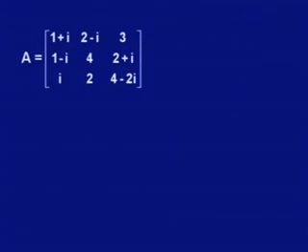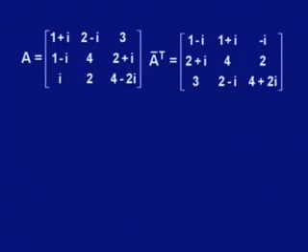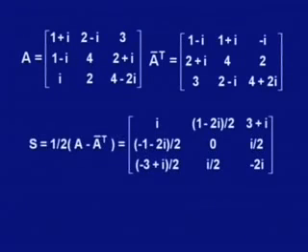So, with the given matrix, A bar transpose is computed as this. Then the matrix S, which is half of A minus A bar transpose, is computed from these two matrices. So, we have 1 plus I and 1 minus I, so it is subtraction.